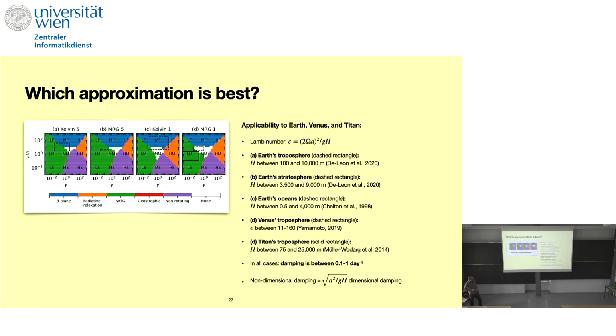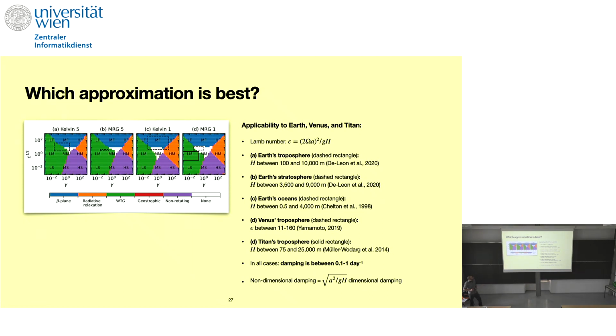Okay. So here we try to look at which approximation is best. Essentially at each point of the gamma epsilon plane, we look for which approximation the relative error is the smallest, provided also that it's smaller than 0.1 to make sure that it's a good approximation.